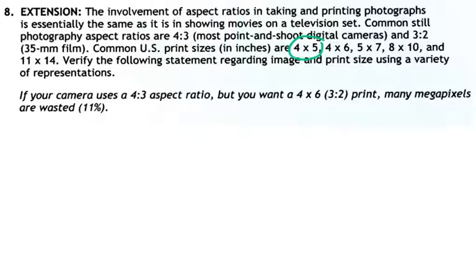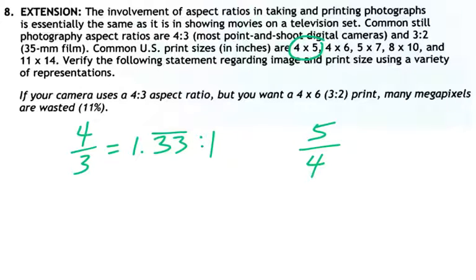So let's take the 4:5 aspect ratio or picture size and the 4:3. The 4:3 again is a 1.33 repeating to 1 aspect ratio. The 5:4, remember, bigger size goes on top, divided by 4 is a 1.25 aspect ratio to 1.